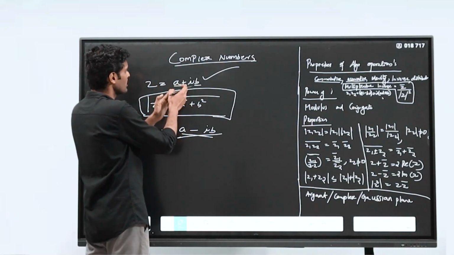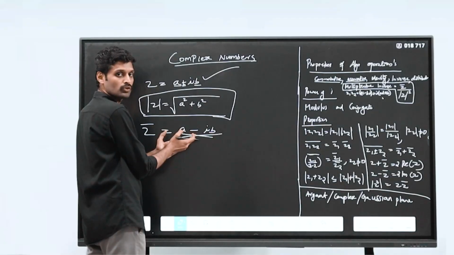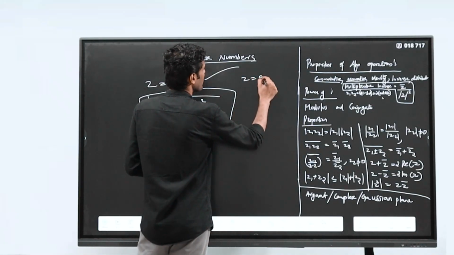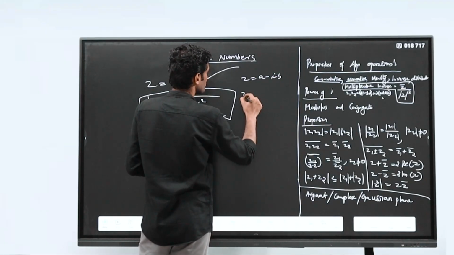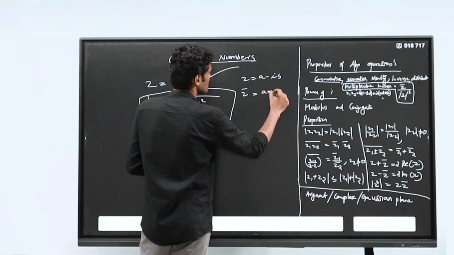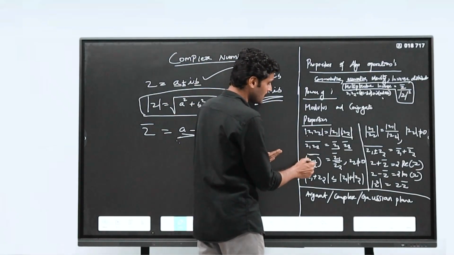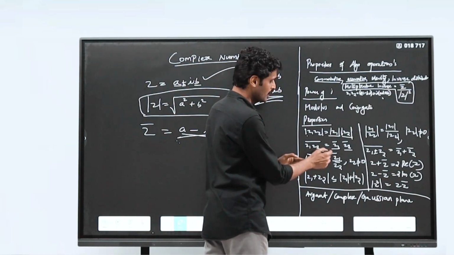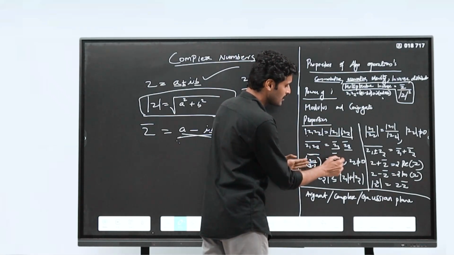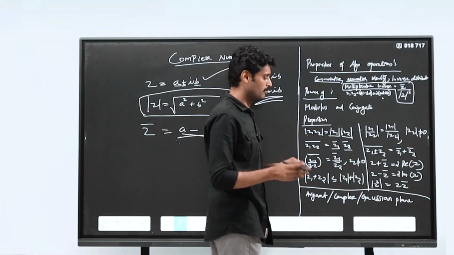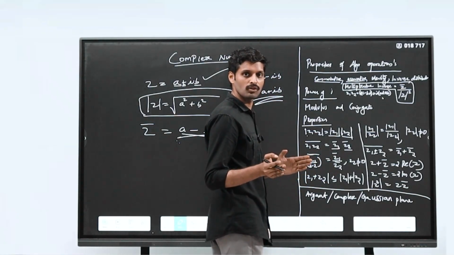So if z equal to a plus ib, then its conjugate will be a minus ib. If z equal to a minus ib, its conjugate z bar will be a plus ib. That's it. Then z1 by z2 whole bar, we can split as z1 bar divided by z2 bar, where z2 not equal to 0.